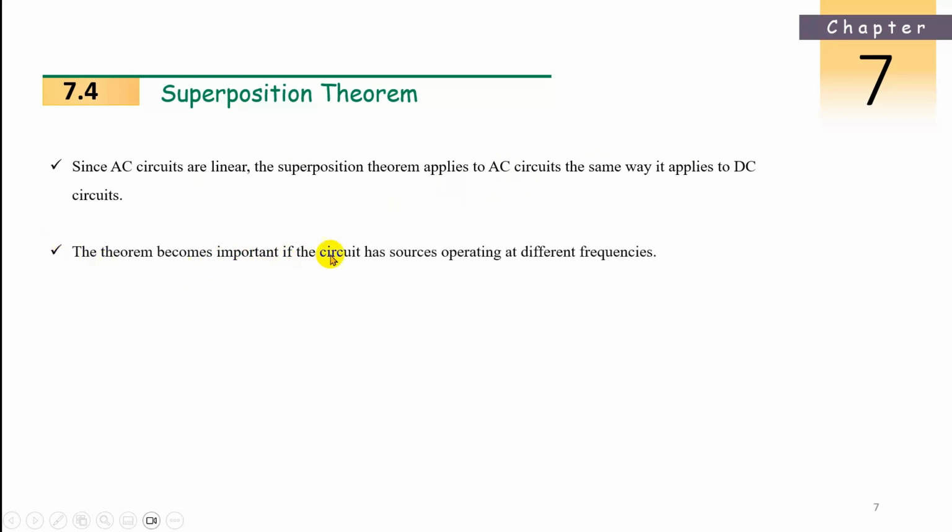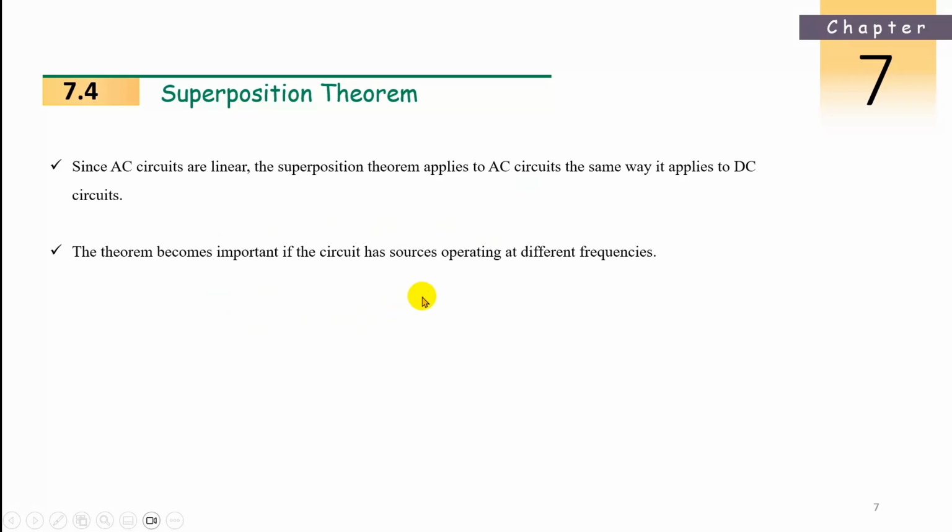The theorem becomes important if the circuit has sources operating at different frequencies. Here is the logic. Sometimes one voltage source is sin 4t, one voltage source is cos 4t, and another voltage source is cos 5t. Both are different frequencies, so we have to take care of it.